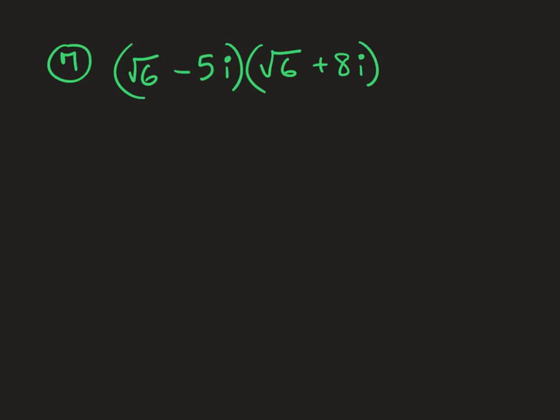Number 7, square root of 6 minus 5i times square root of 6 plus 8i. These ones aren't conjugates, though. They start out the same way, but they're not identical. So square root of 6 times square root of 6 would be square root of 36. Square root of 6 times 8i.